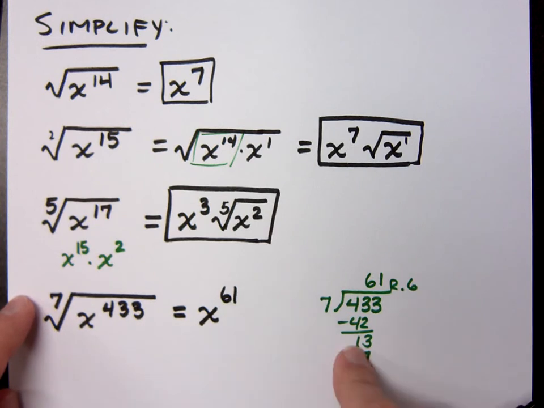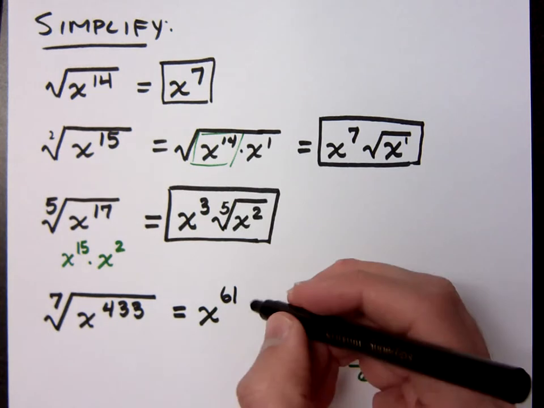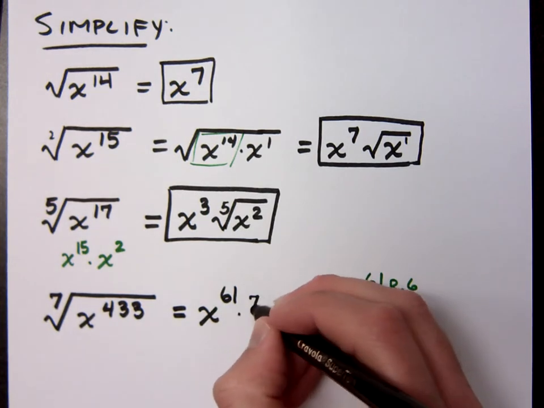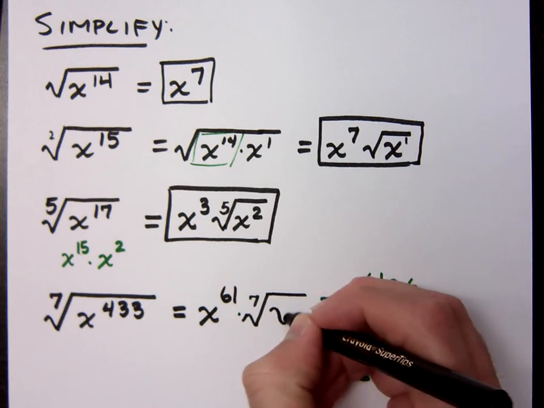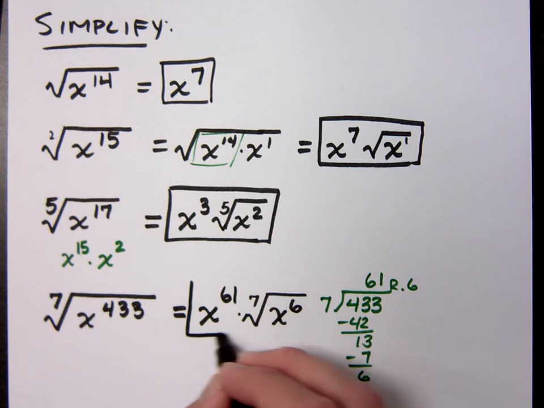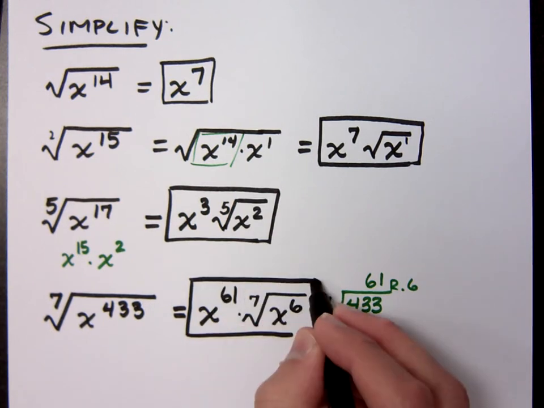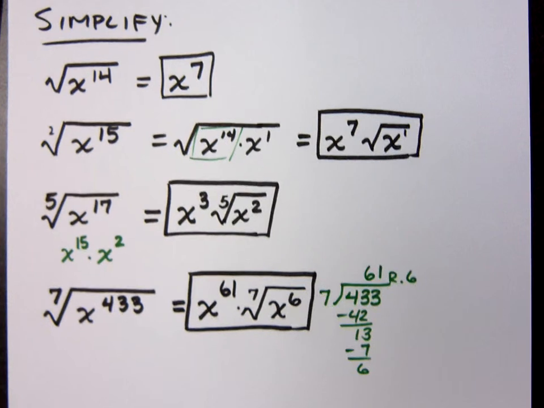There'd be 61, but what would happen at the end? You have 6 left over. That's why I still have 6 on the inside with 7 on the outside, the 7th root of x to the 6th. You guys with me on that?